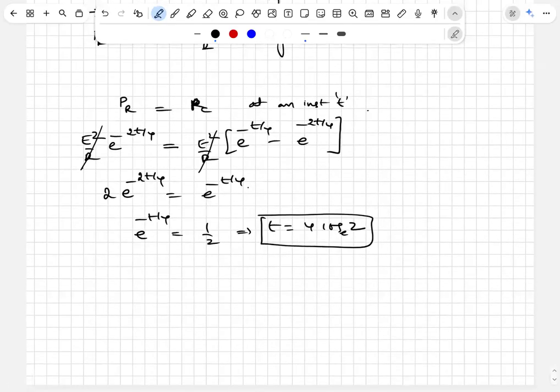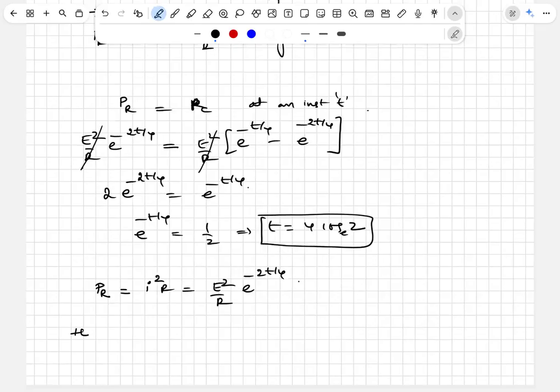as you know, power delivered across a resistor is I square R, which is E square by R e to the power of minus 2t by tau. This is purely for heat.